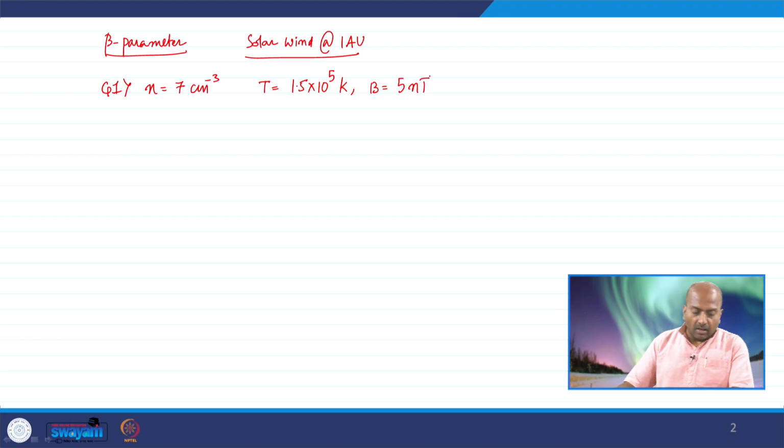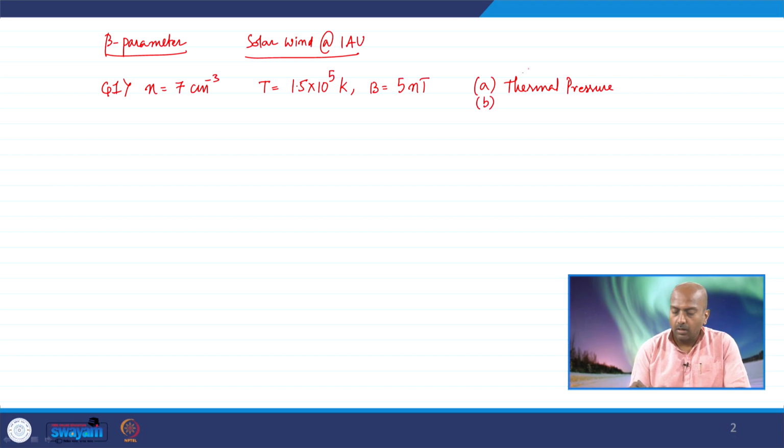Now, what we have to calculate is number 1, A, thermal pressure, B, magnetic pressure, and C, the value of beta itself.